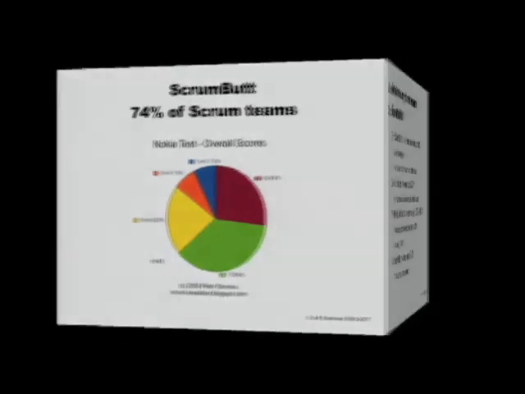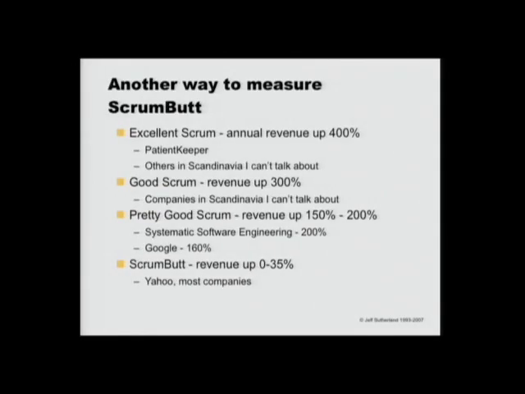So let's talk about that a little bit. Now, here's why Scrum butt is important. If you do an excellent Scrum, you might be pumping up your revenue 400% every year. If you're doing good Scrum, maybe it's only going up 300%. If you're doing pretty good Scrum, it's going up 160 to 200%.